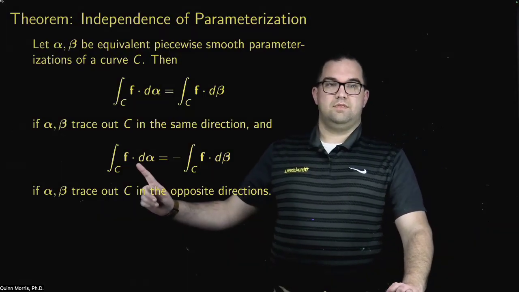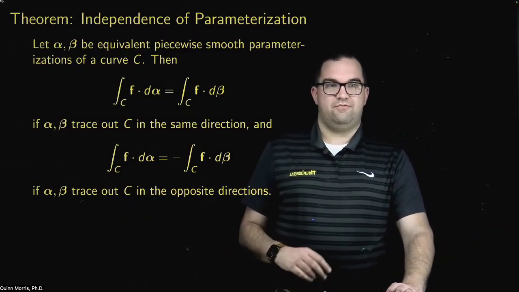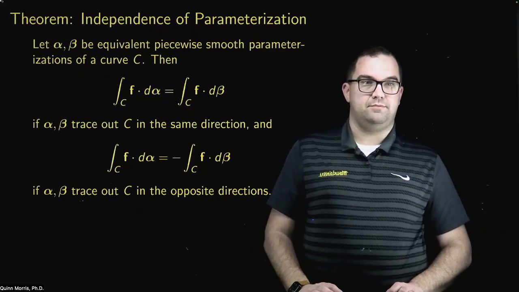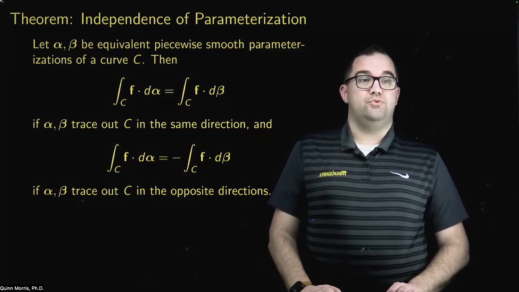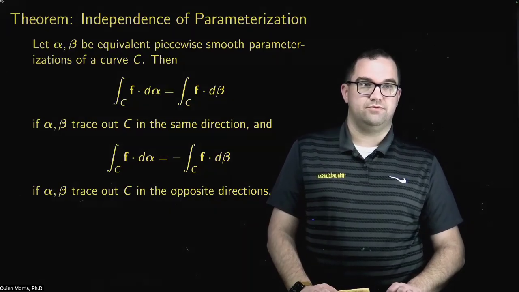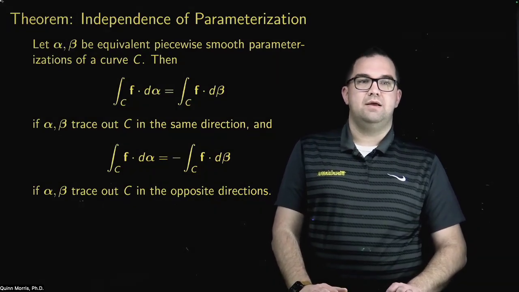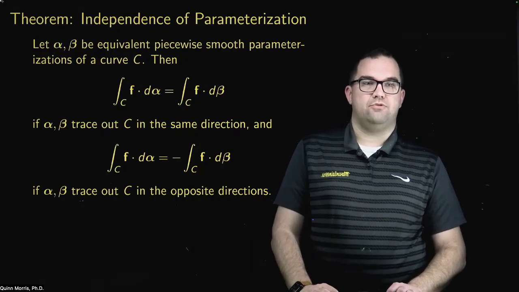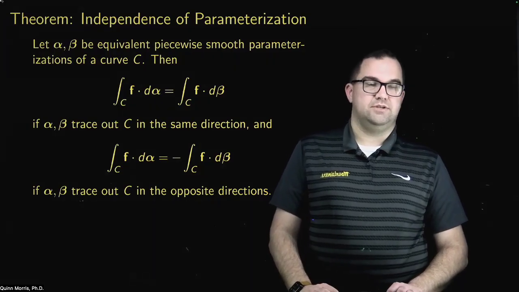And the line integral of the vector field f over the curve C with respect to the parameterization alpha is equal to negative the line integral of the vector field f over the curve C with respect to the parameterization beta if alpha and beta trace out the curve C in opposite directions.